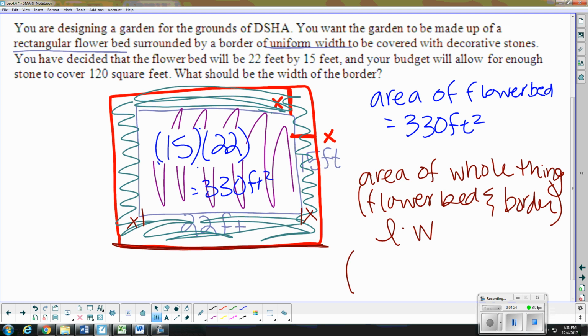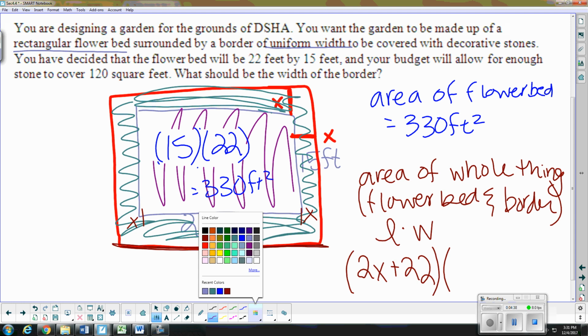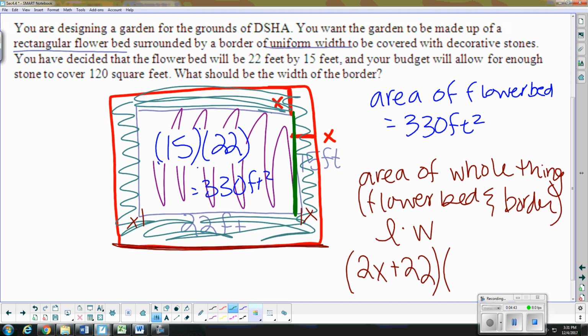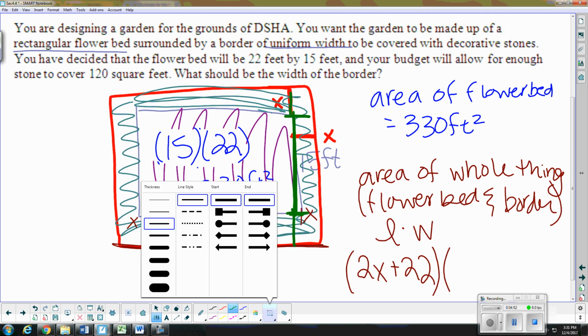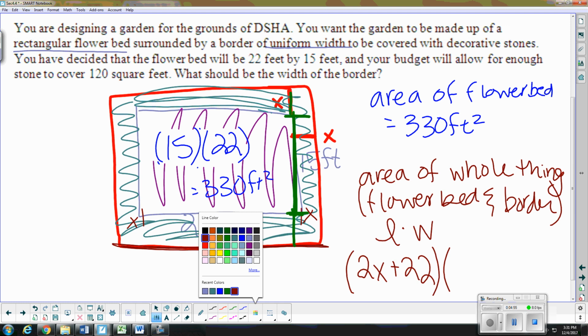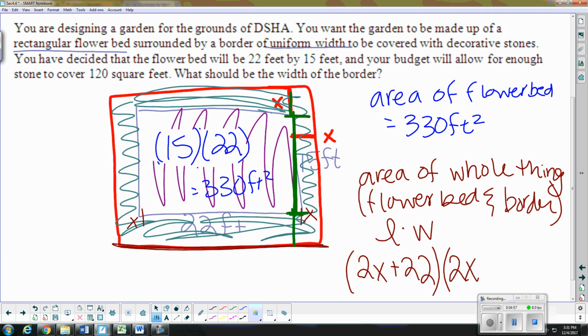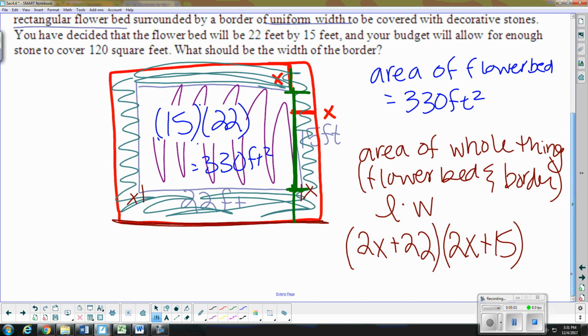So that makes my length 2x plus 22 times my width, which is, here's my width, 15 feet of the flower bed, but that's just from here to here. And then I have an x on both sides. So that's 2x plus 15. So that's my area of the whole thing.